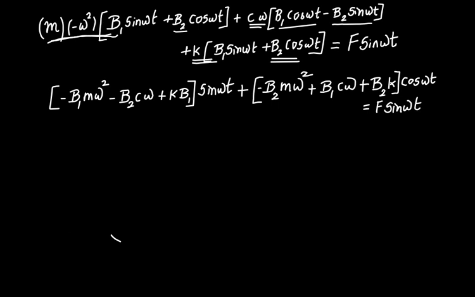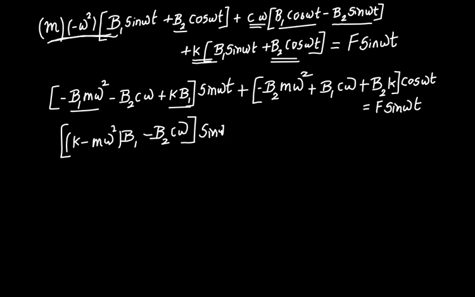I'll just do one more step here. Maybe I can take b1 common outside for these two terms. If I do that, I'll be getting k minus m into omega square into b1, with b1 taken common outside, minus b2 into c into omega into sine omega t. That's right.